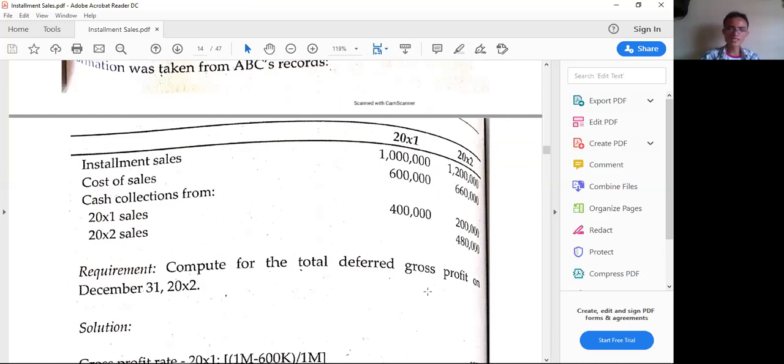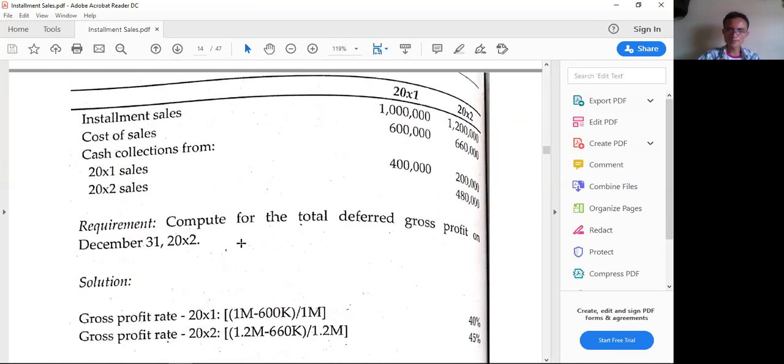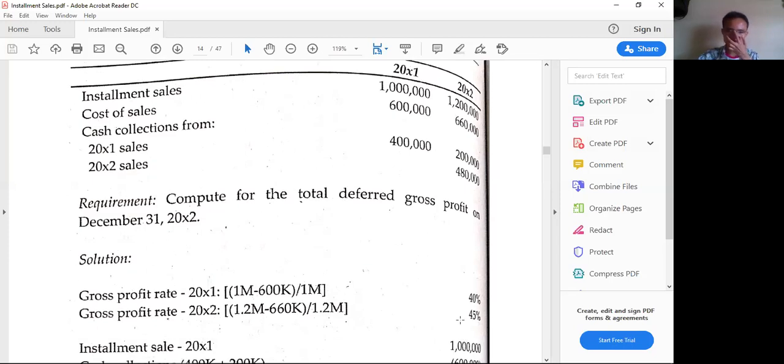As what I've emphasized, the realized gross profit is directly proportional in terms of the GPR or gross profit rate based on collection, while the DGP or deferred gross profit is directly proportional to the receivables with respect to the GPR. So getting the GPR, it's just gross profit divided by the installment sale. We get 40% for 20x1 and 45% for 20x2.